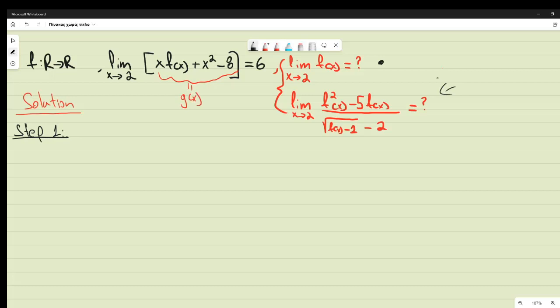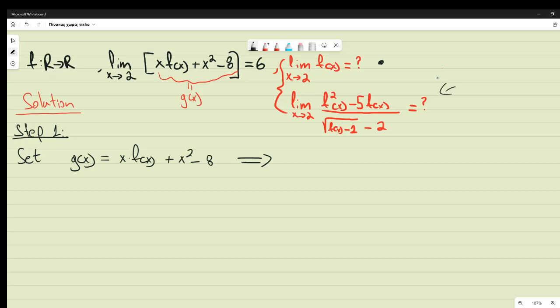So we will write the function g is equal to x multiplied by f plus x squared minus 8, and from this we can understand that the limit of the function g when x goes to 2 is equal to 6.